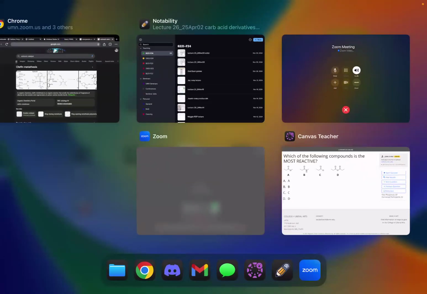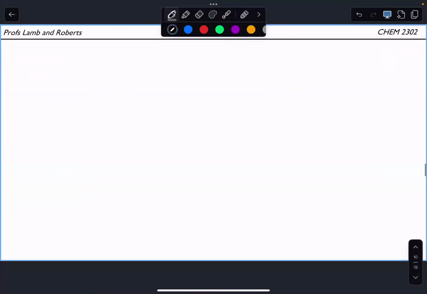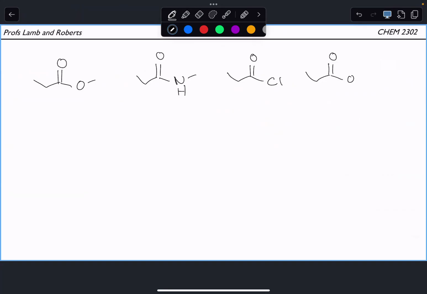So let's kind of go through this together. So we had an ester, we had an amide, we had an acid chloride, and we had an anhydride, right? So from a reactivity perspective, number one is going to be that acid chloride, right? Least double bond character.